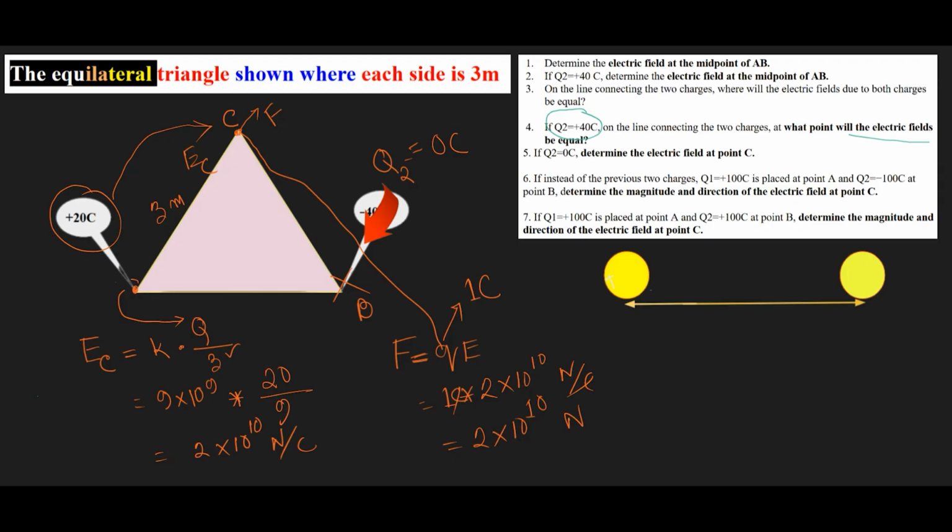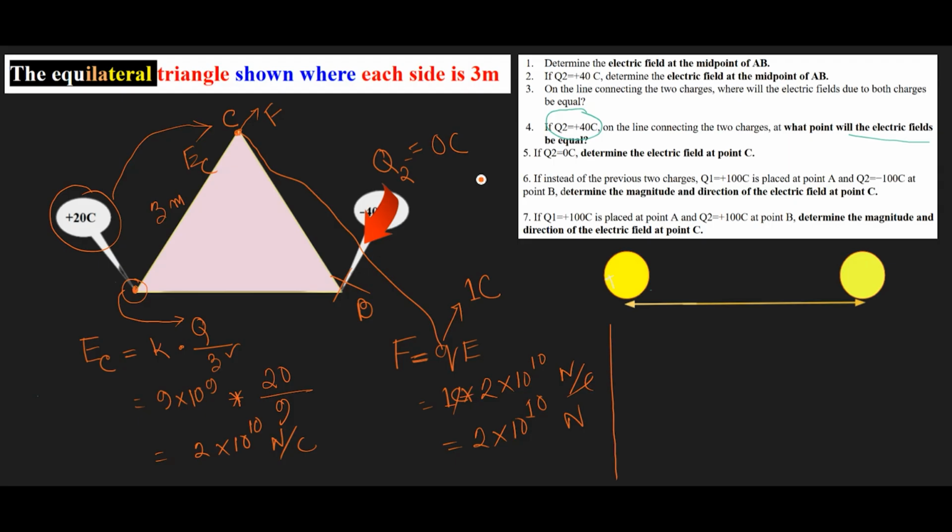So for this A point at C point, the electric field will be 2 into 10 to the power 10 Newton per coulomb, and the force obviously is the same as the electric field, that is 2 into 10 to the power 10 Newton.